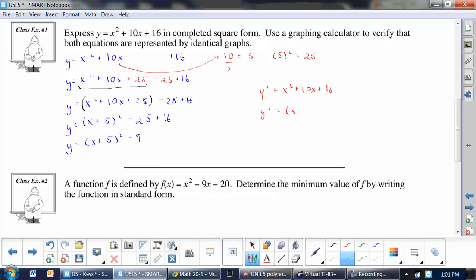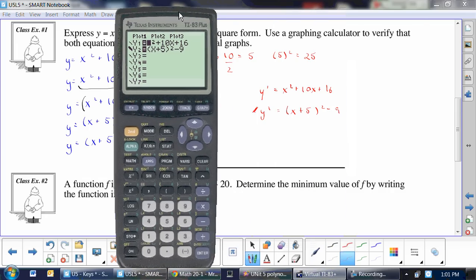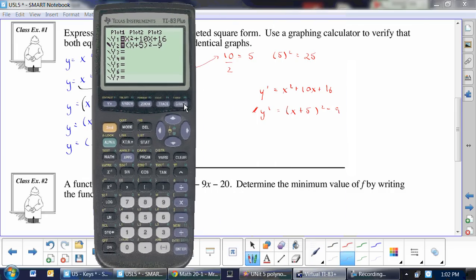And then in y2, you can put x plus 5 squared minus 9. And then you want to make your y2 one of those like fat lines like that. Okay? And then you hit graph. And you can see that the two graphs are the exact same.